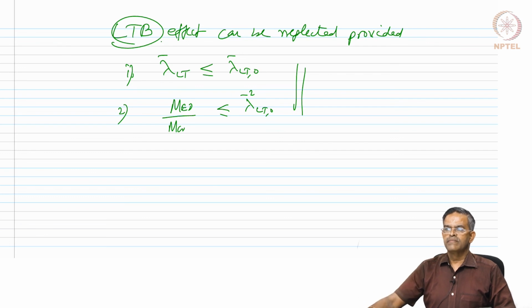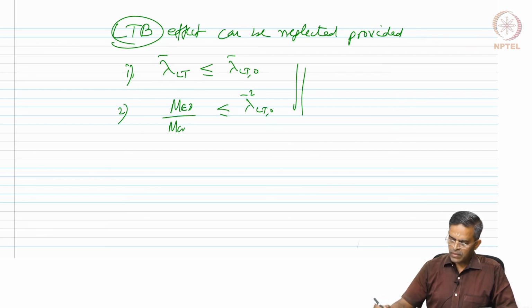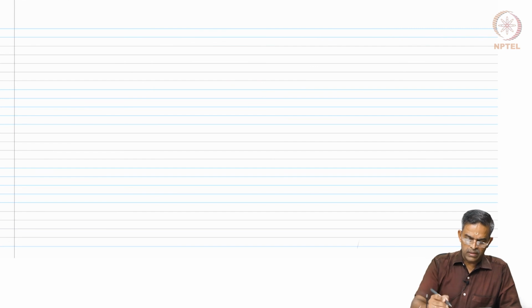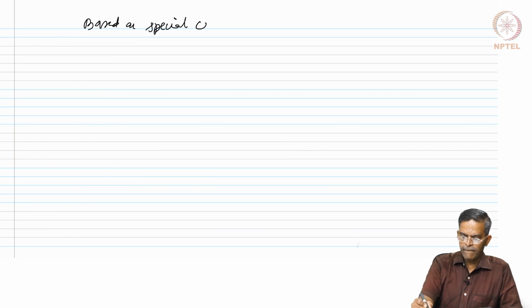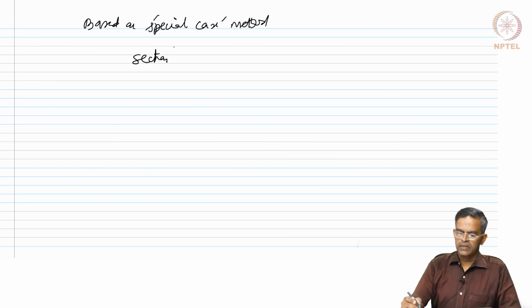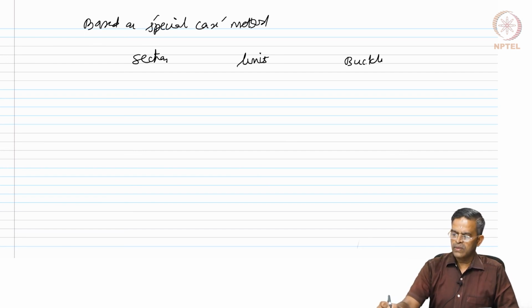Now, the buckling curves also have different designations based on the special method. Depending upon the type of section and depending upon the limits, the buckling curves are also recommended, and this is available in EC 11.